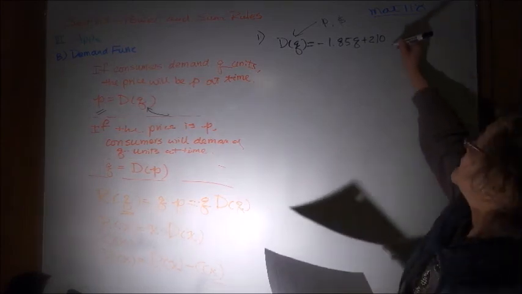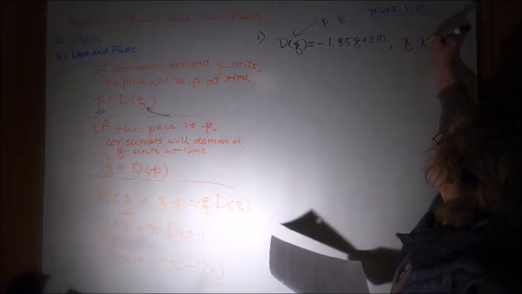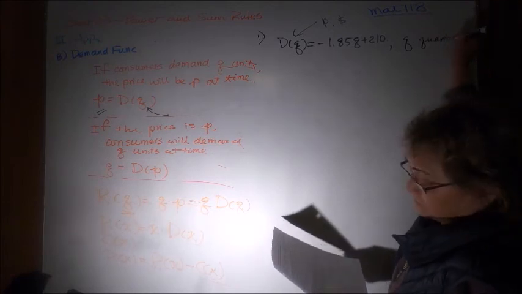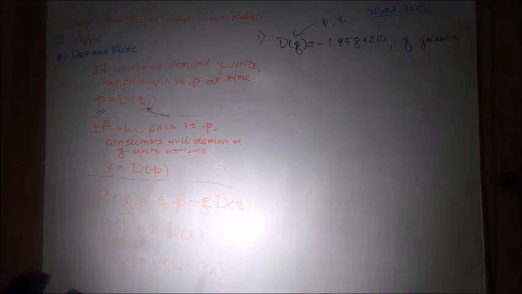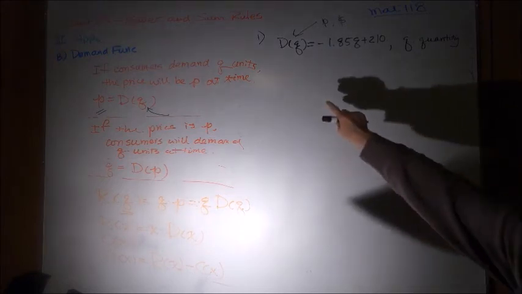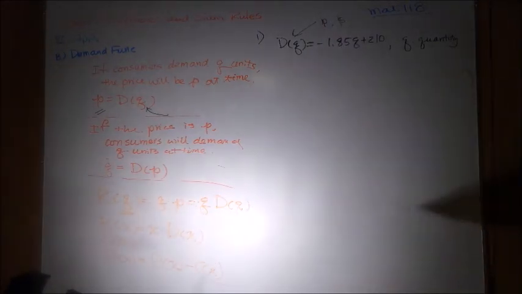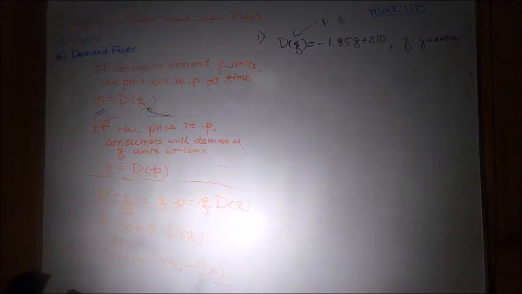So Q is the quantity of items in demand, and D of Q is the price of the item in dollars that can be charged when units are sold.